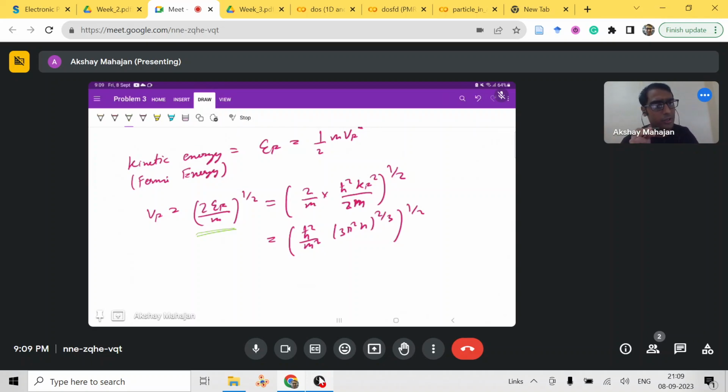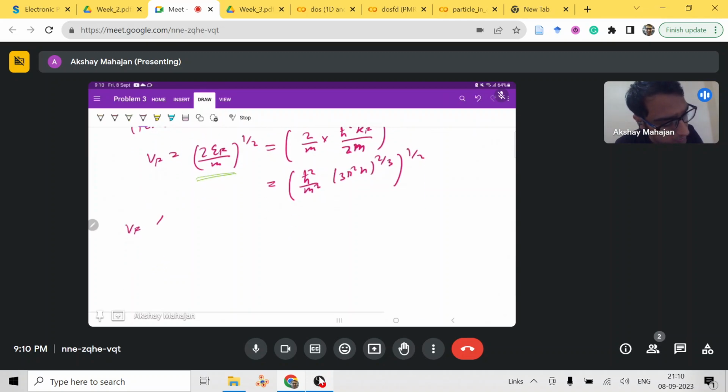I just have to know the ratio between epsilon F and kF, and then kF and n. But here let us calculate it from the Fermi energy.